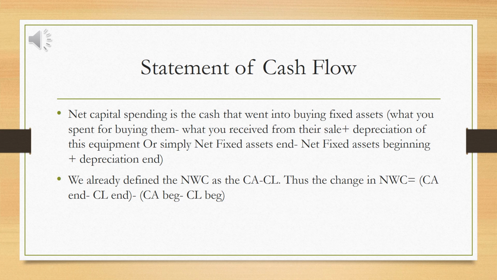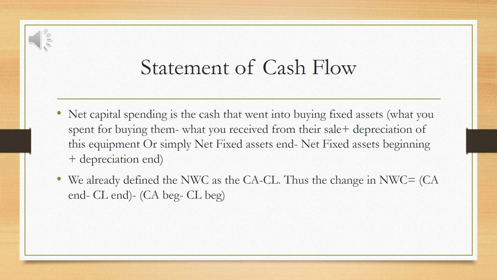Net capital spending is the cash that went into buying fixed assets. What you spent for buying them minus what you received from their sale plus depreciation of this equipment, or simply net fixed assets end minus net fixed assets beginning plus depreciation end.